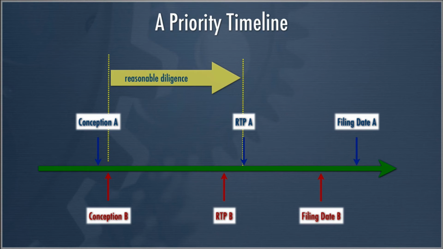So as long as A can show that they were reasonably diligent from a period just before B's conception all the way through a reduction to practice, then A should be able to win this priority contest because of the earlier conception and a diligent reduction to practice from a time just prior to B's conception. Right? So what is reasonable diligence? Well, the case law is mixed on reasonable diligence.